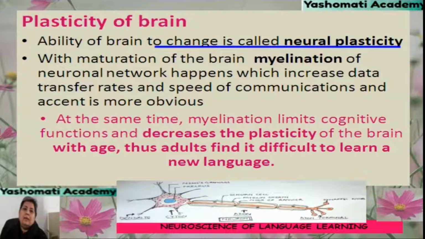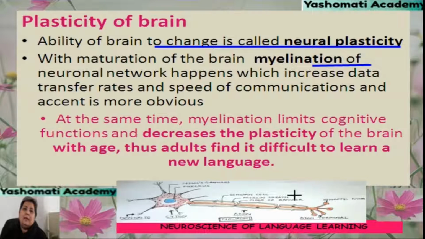With maturation of the brain, myelination of the neuronal network happens. What is myelination? For that, I hope you remember that we discussed this figure, which is showing the structure of a myelinated neuron. There are two different types of neurons, that is myelinated and non-myelinated.